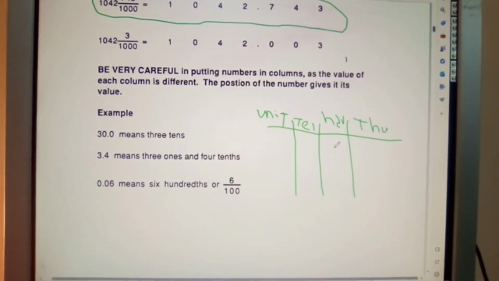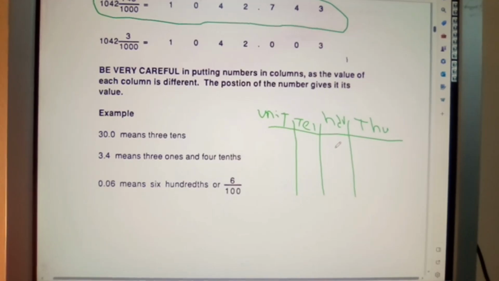That is important. So you need to understand the concept. I'm just trying to make sure that I'm looking at it from the perspective of your perception. But units, tens, hundreds, thousands. Now you've done this at school, months and months ago.